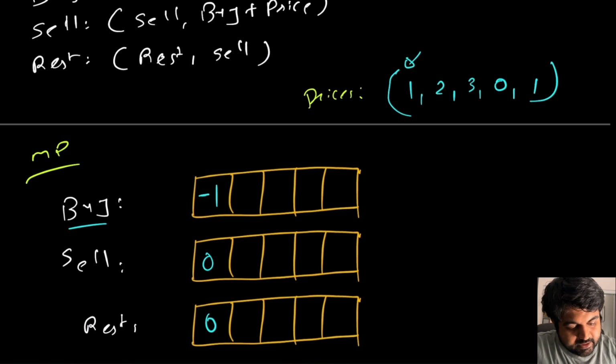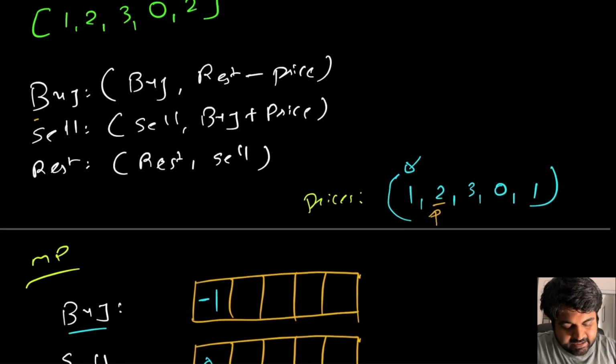So let's say for the second day, if we decide to buy something, what is the maximum profit we can make? For buying, we need to compare the buy value, the maximum profit made on the previous day, and what if we decided to rest on the previous day, so what was the maximum profit we were making then, minus the price of the current day.